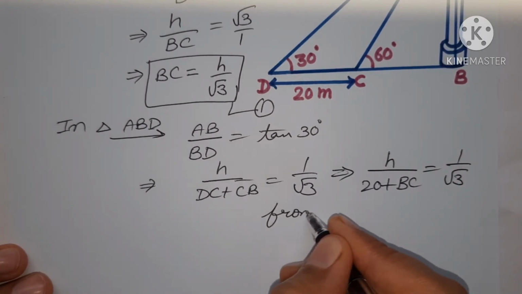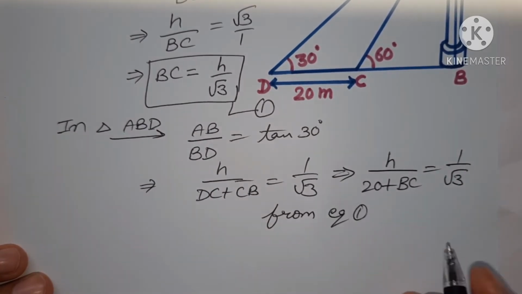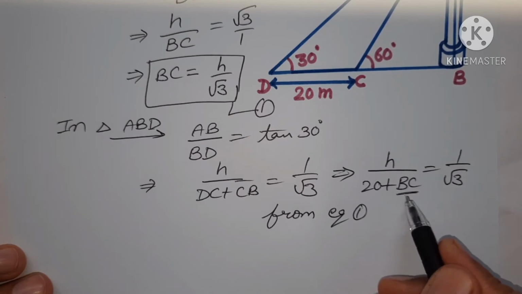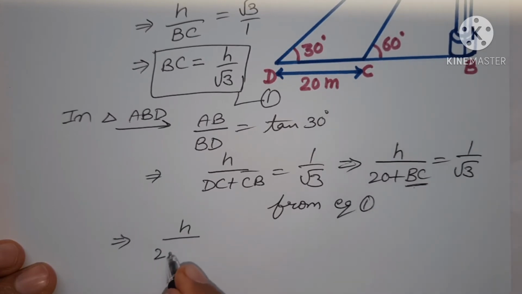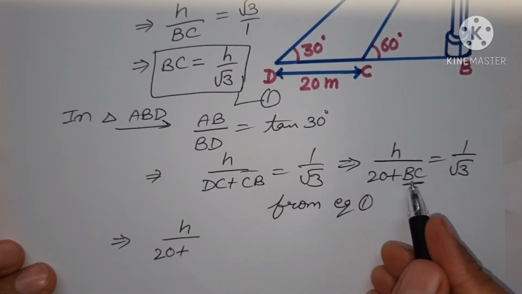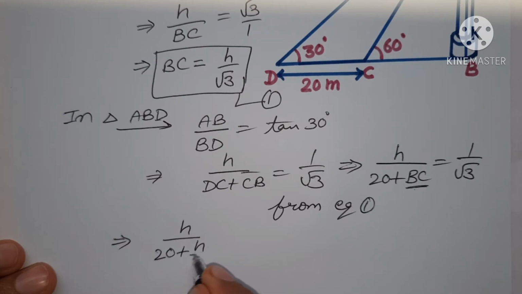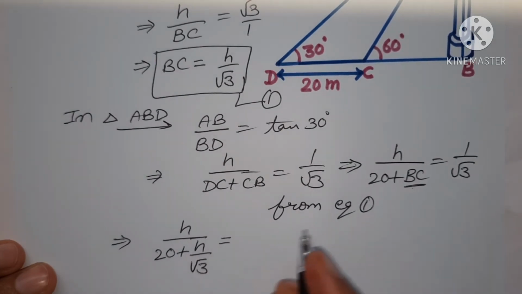So from equation 1 we will put the value of BC here. Finally we get h upon 20 plus BC, where BC is h upon root 3, is equal to 1 upon root 3.